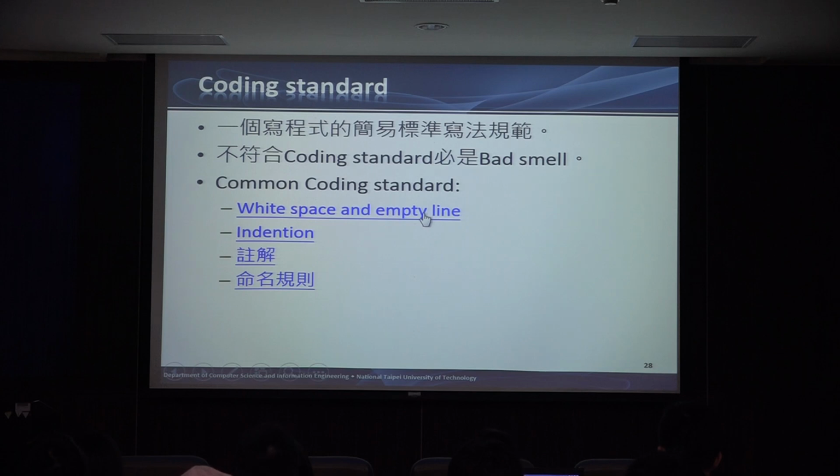It roughly considers a few parts, including white space. Under what conditions do you want to add a white space in your code? Under what conditions don't you? When do you want to change to the second line? When do you want to leave a line blank? Secondly, indentation. How do you want to structure your code?